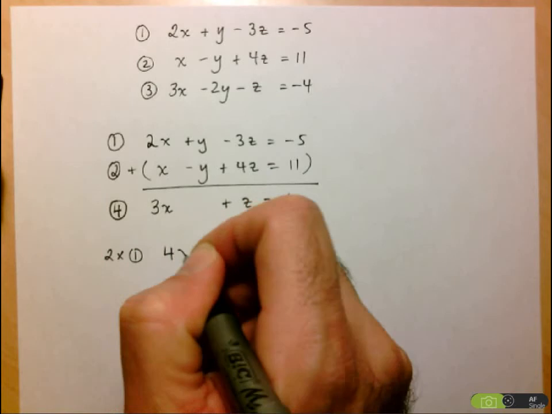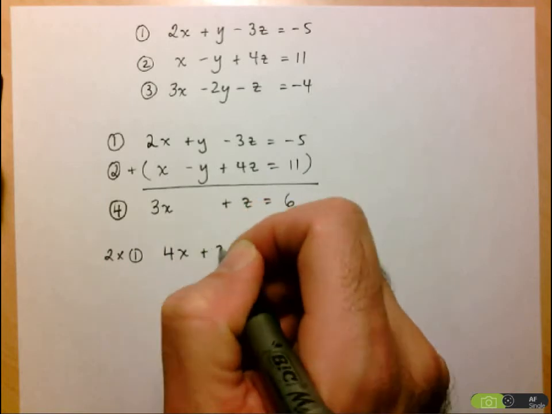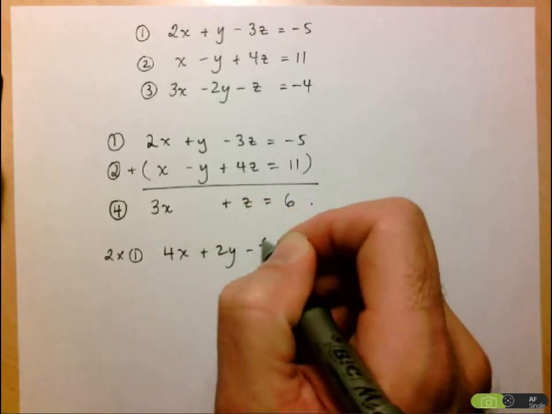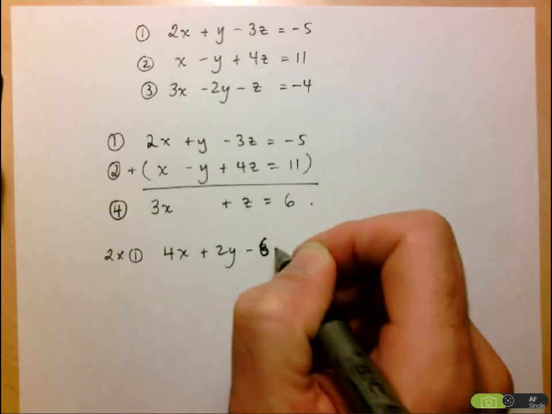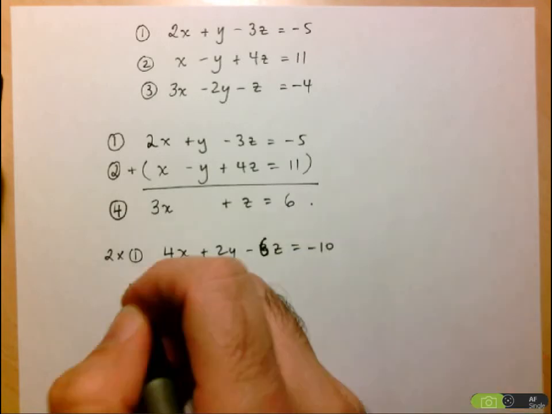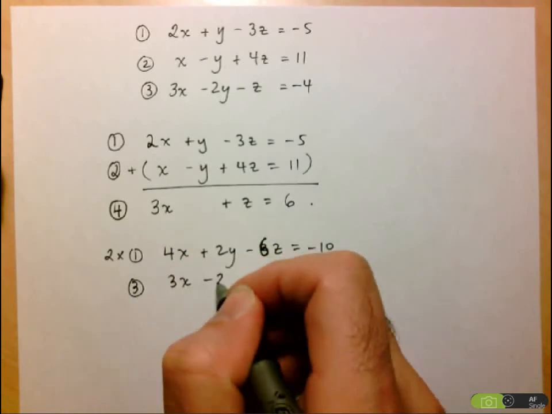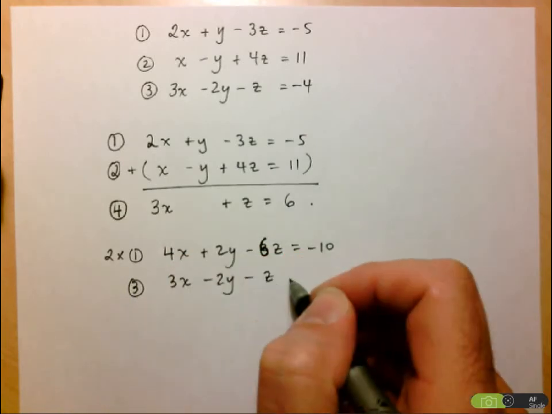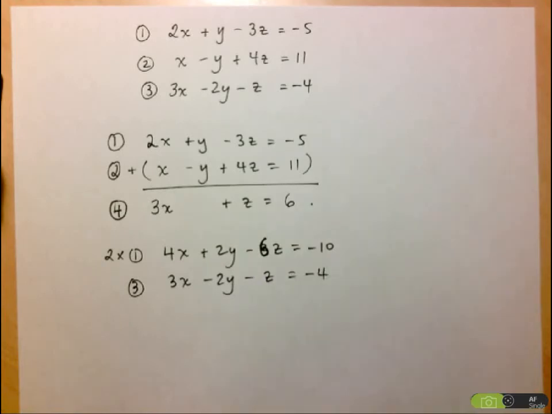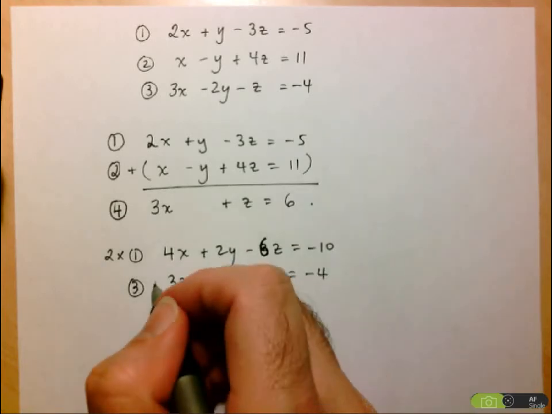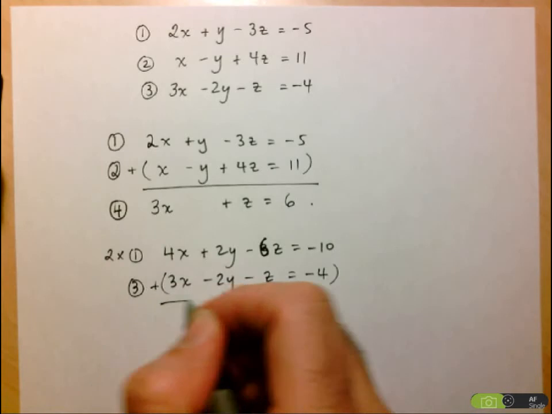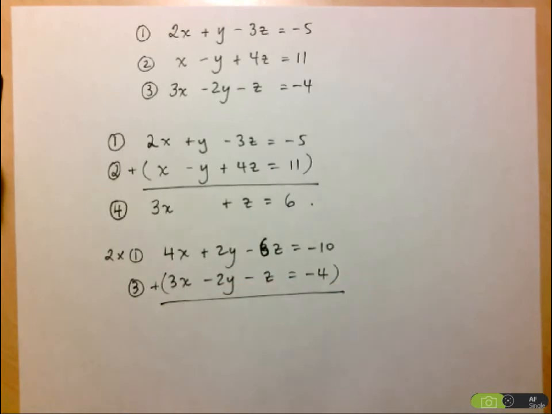We get 4x plus 2y minus 6z equals -10. And then I'm going to work with equation 3, which is 3x minus 2y minus z equals -4.